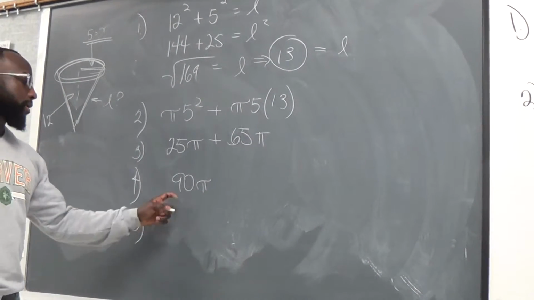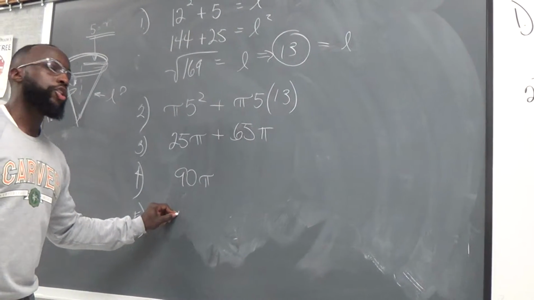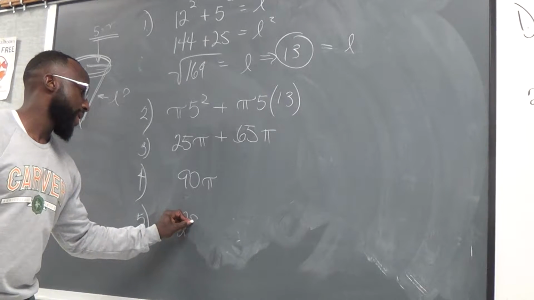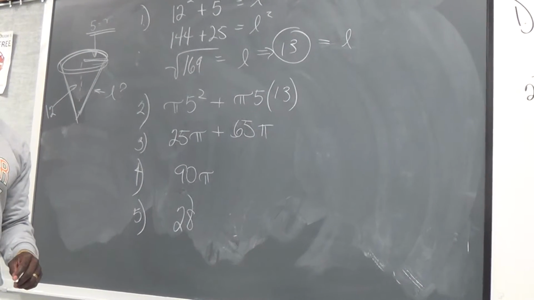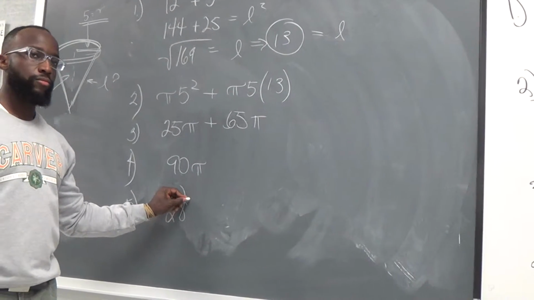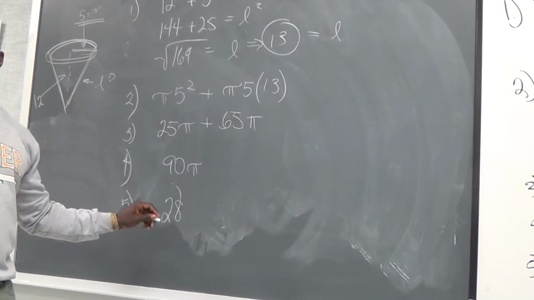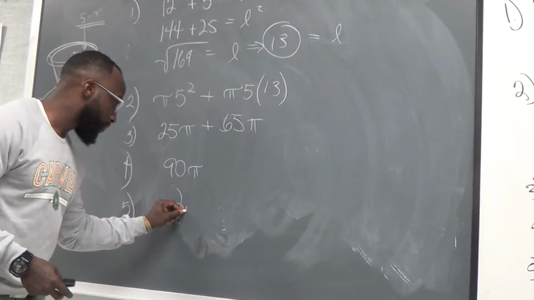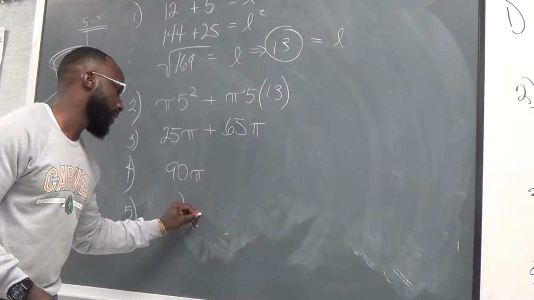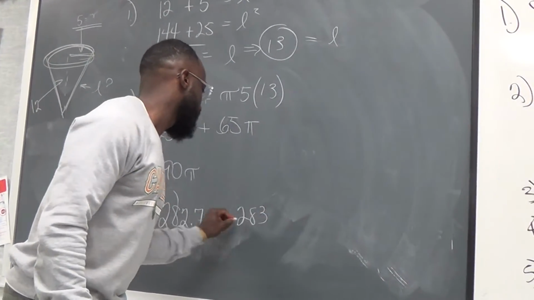So what's 90 times pi? 282.74. So you get 283.